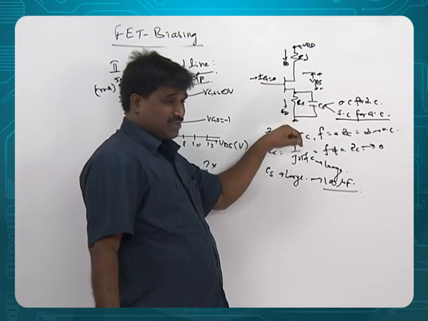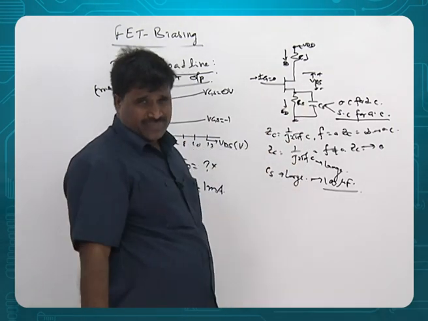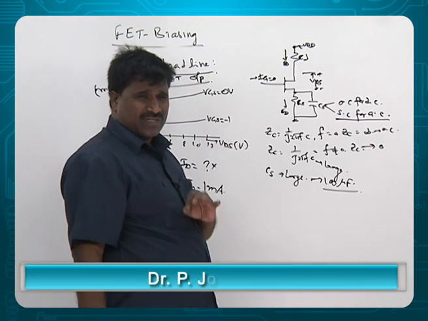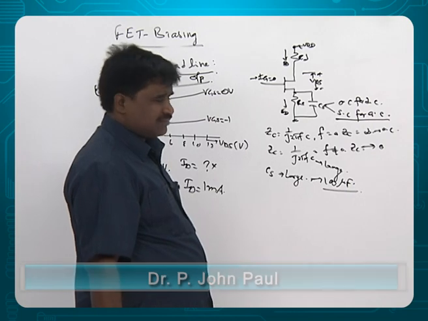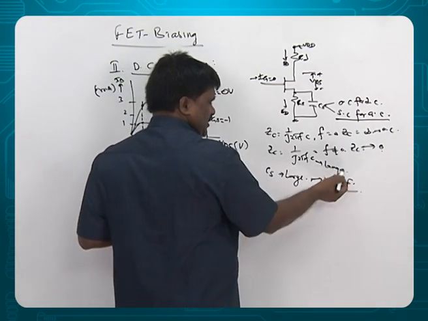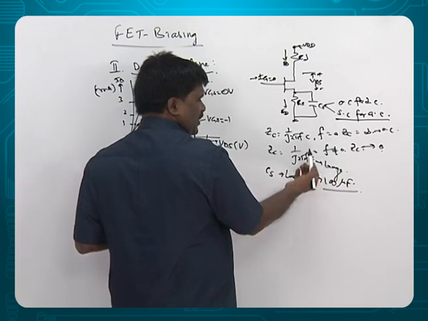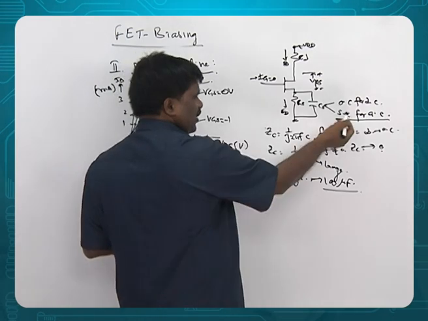It's bypass because it is bypassing the RS. And bypass capacitor is the largest of all capacitors in amplifier. That's why in order to make this as 0, this has to be larger for any value of F. These are the two things to explain how this is existing.